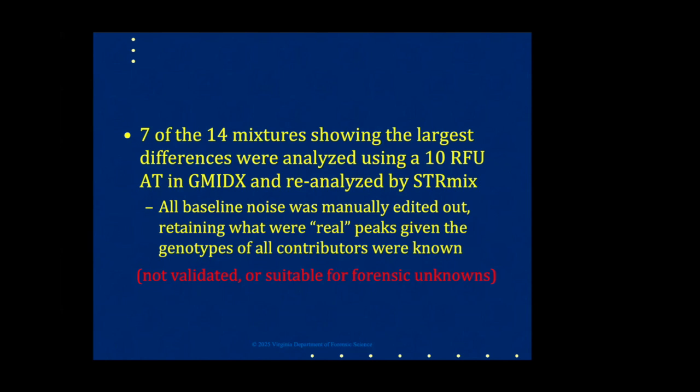I manually edited out the baseline noise, and I could do that because I knew what the genotypes were for all the contributors. This isn't validated, and it's not suitable for forensic unknowns because you don't know what the genotypes for all the contributors to that mixture are.